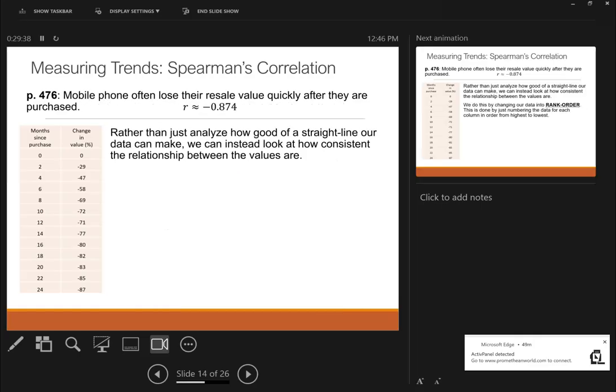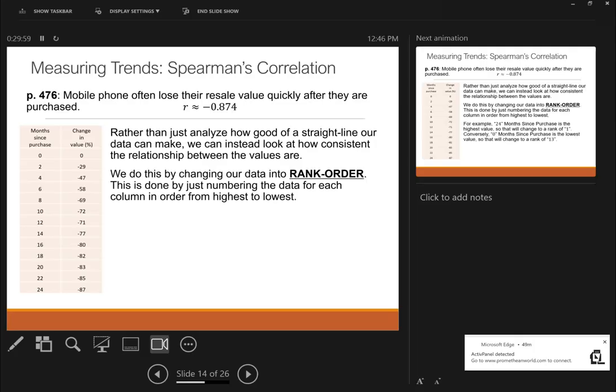So if I want to do the Spearman statistic for this now, we have to look at the rank order relationship. So I have to redo my data from XYs to rank of X, comma, rank of Y. To do that, we're going to renumber our data from highest to lowest.